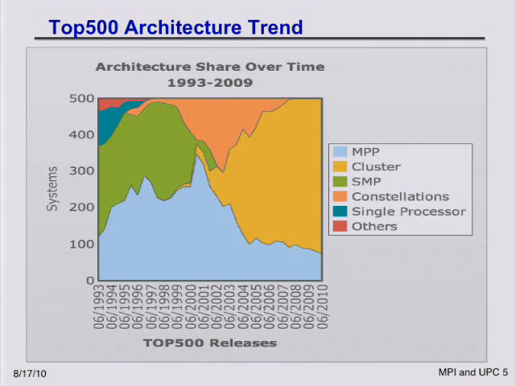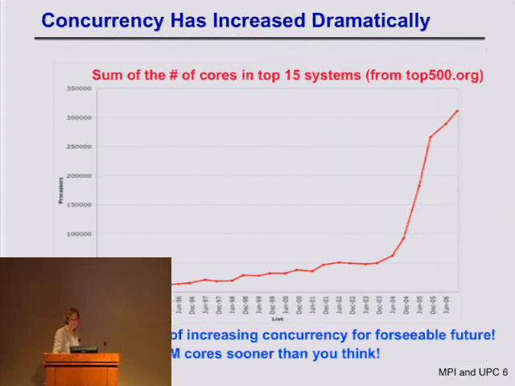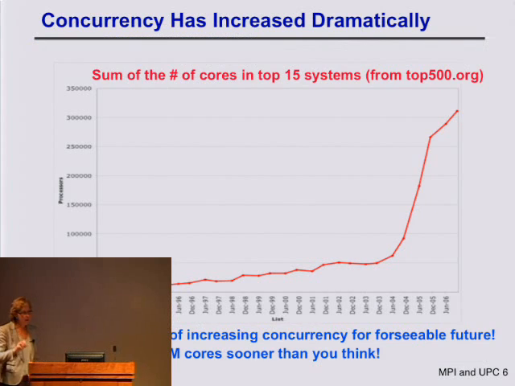The distinction between a cluster and an MPP can be a little bit difficult to make. An MPP is typically a machine constructed with a more customized network, not just an InfiniBand or Ethernet network, whereas the clusters will have one of those two networks. The amount of concurrency in these systems has grown dramatically.